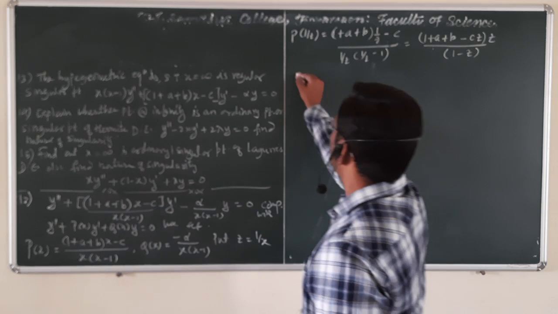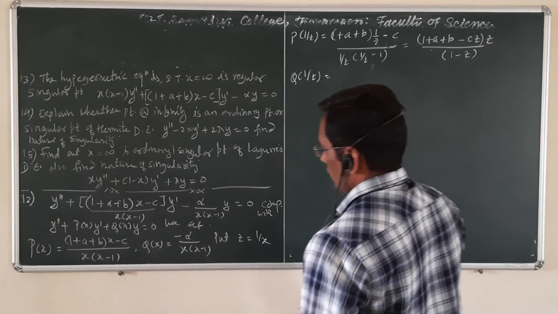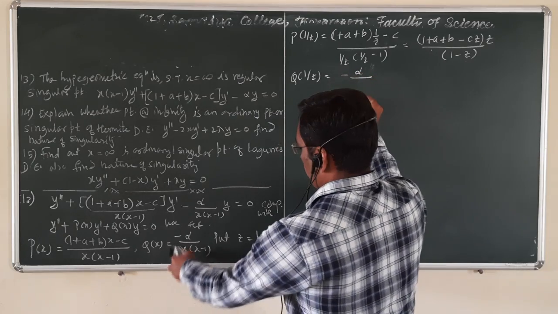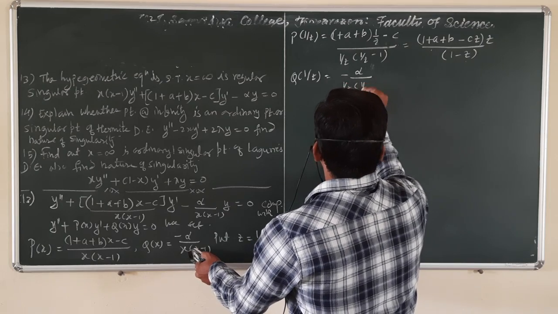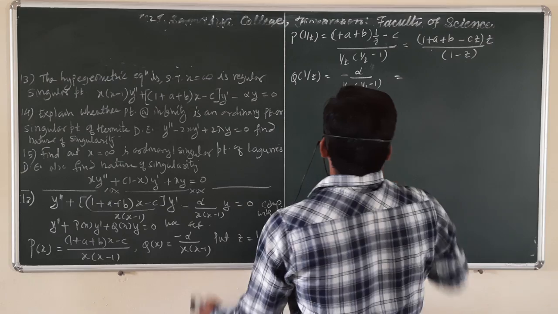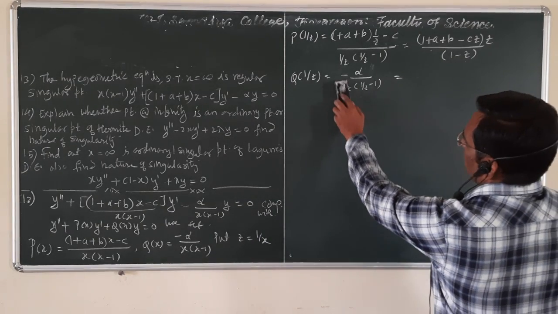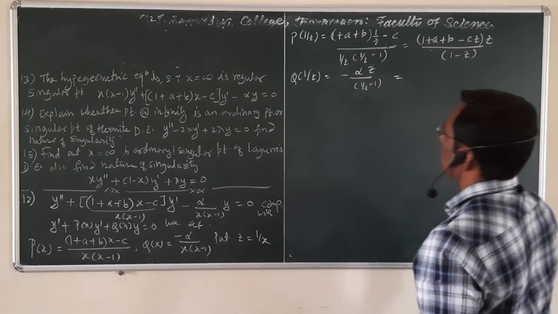Similarly, q of 1 upon z can be written as, now see, q of 1 upon z is minus alpha divided by x, which is 1 upon z, multiplied by 1 upon z minus 1. Now this is equal to, again this 1 upon z goes to the numerator, so here we will get z.